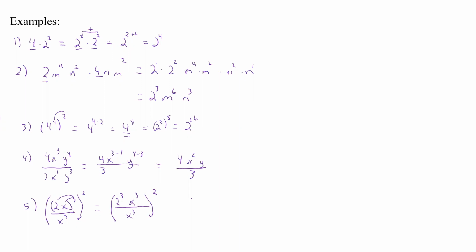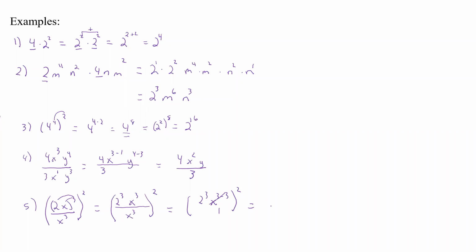Now we need to simplify more inside. So now we have 2 cubed, and then we have x. Now let's subtract these. These are the same bases, so 3 minus 3. And then that's still all squared. Well, x to the 3 minus 3, that's x to the 0. Remember, anything to the 0 is 1. So this becomes 1.